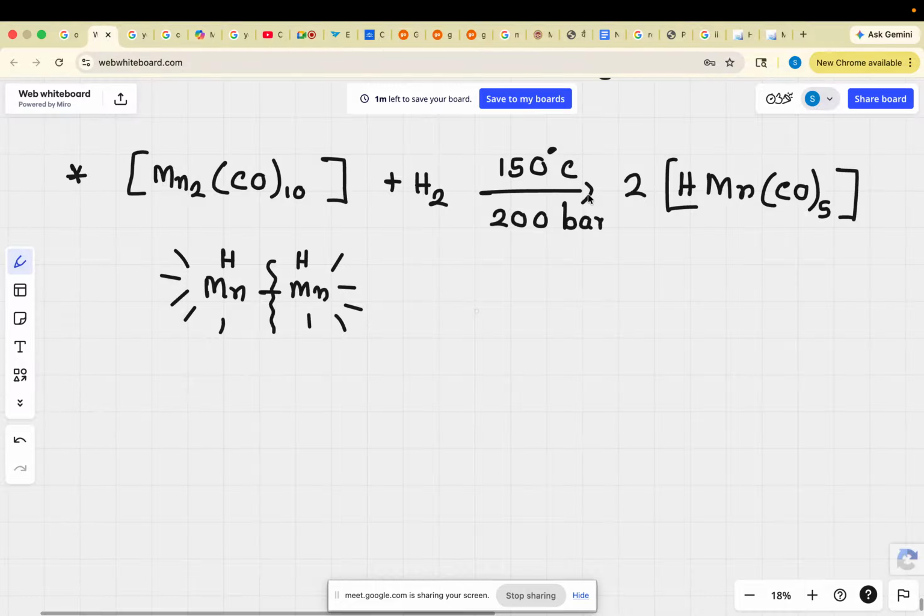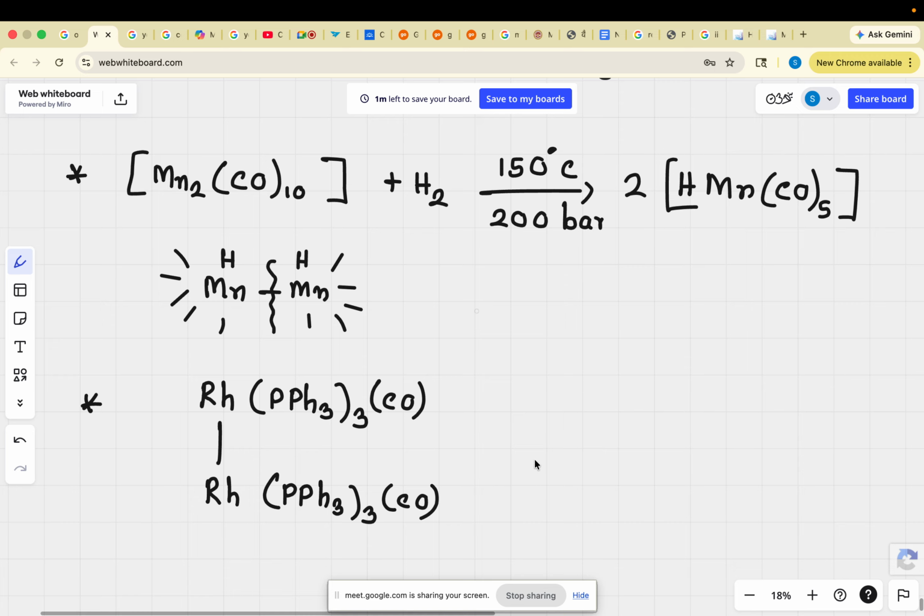So you are getting HMn(CO)5. Similarly, suppose you have here rhodium, then you have PPh3 3 CO. It is also adding with rhodium. Then you have PPh3 3 CO. So in presence of hydrogen and 80 atmosphere pressure, what will happen?